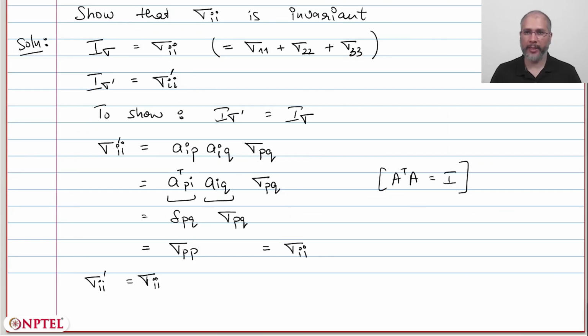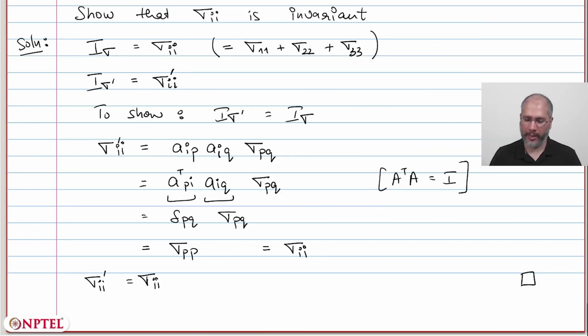There was nothing else assumed in this case. So this completes the proof that we have shown that the quantity sigma II is an invariant. In fact, this has a name. This is called the trace of the tensor or a matrix sigma, sometimes also written as TR of sigma.